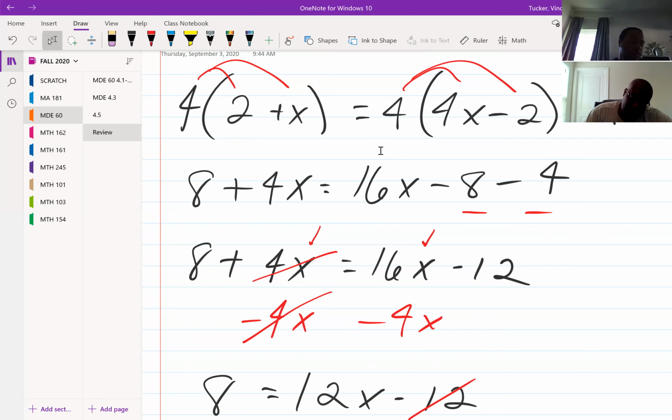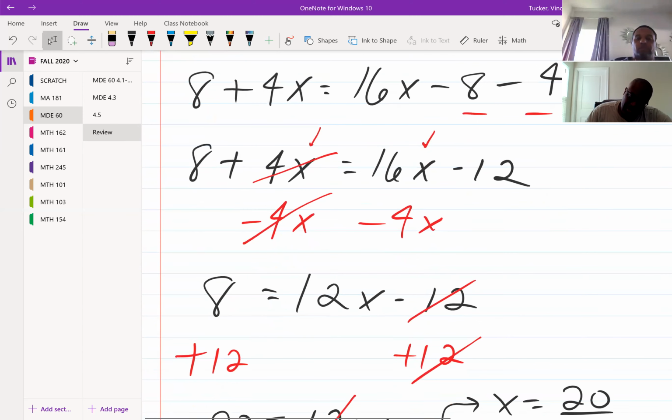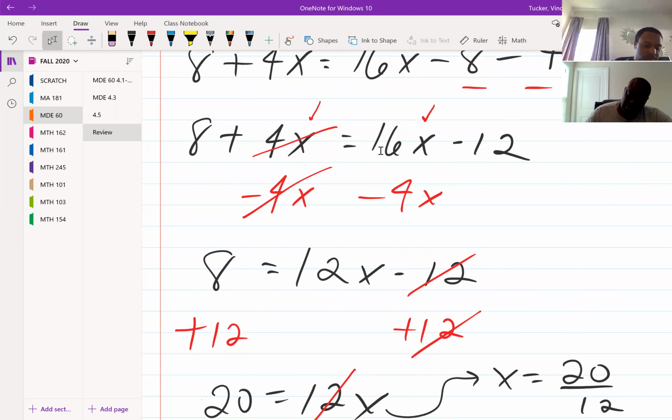Yes, if you're moving it across your equal sign. So 4 minus 16 equals negative 12x. Negative 12x equals negative 8. Subtract 8. Negative 12x equals negative 16.